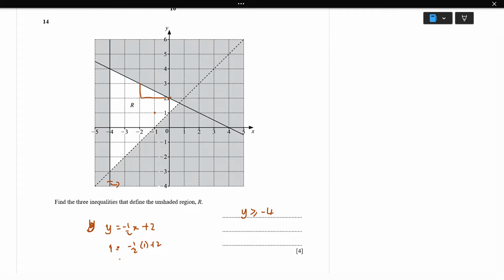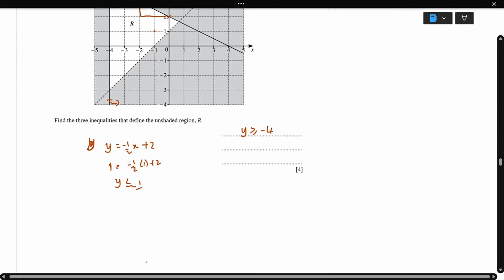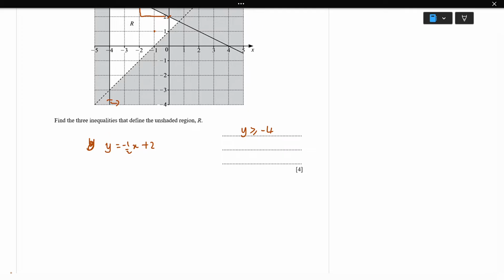So we will write y less than or equal to minus 1/2 x plus 2. I put a value and checked, because the right side is going to be greater.